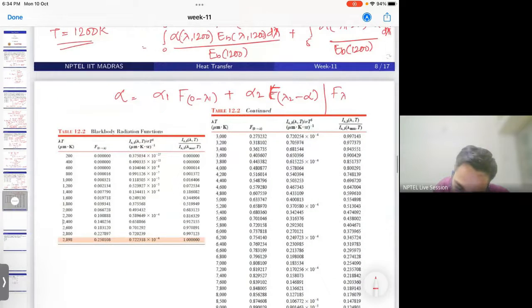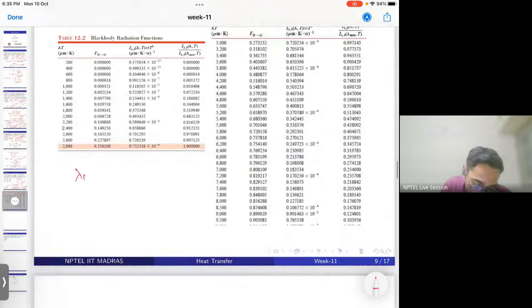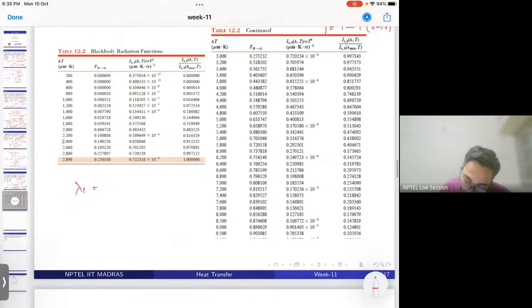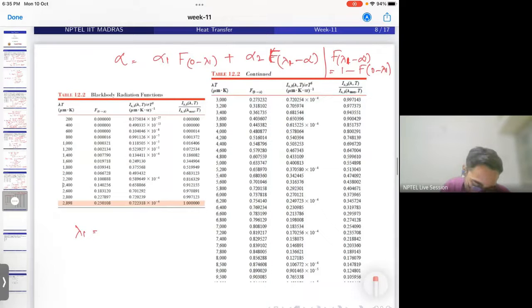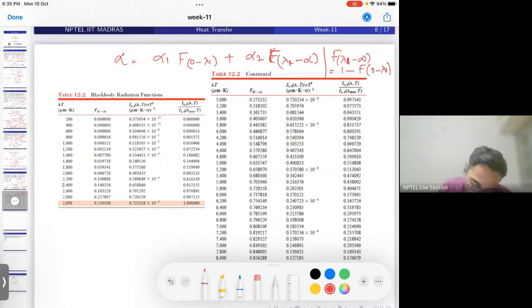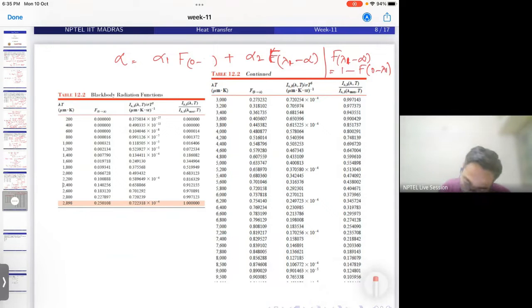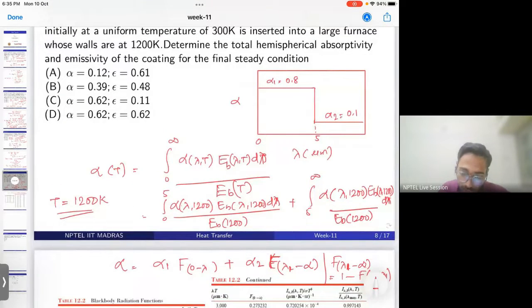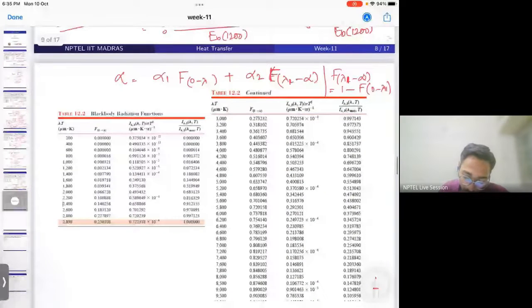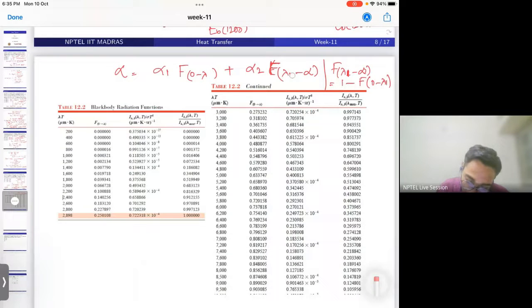So f lambda 2 to infinity should be equal to 1 minus f 0 to lambda 1. Here lambda is equal to 5. There is no lambda 1, it's lambda only. So alpha is distinguished between this one region and another region, and this lambda is given.